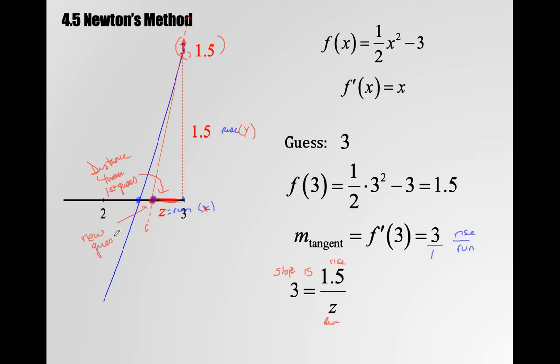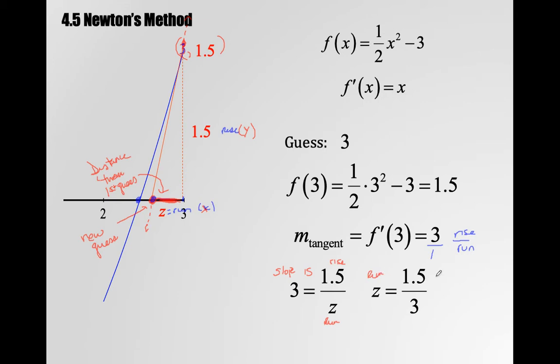That's right, the x-intercept of that tangent line, whose slope I got from the derivative, the x-intercept of that tangent line is going to be my new guess because it's closer to the x-intercept I want. I solved that for z, right? What is my run?